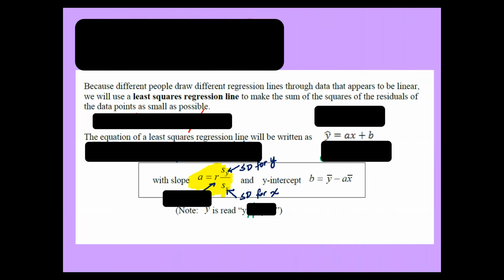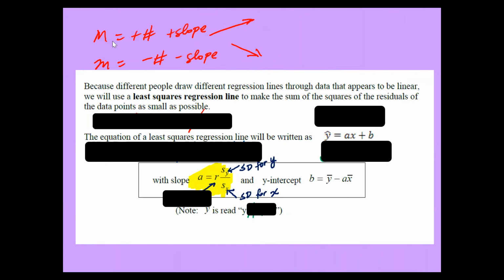All right, let's take a look at the next part. Because people draw different regression lines that appear to be aligned, we use the least squares regression line. Keep in mind that we've done this back in Algebra 1 and Algebra 2 before. A positive number represents a positive slope, and a negative number indicates a negative slope.